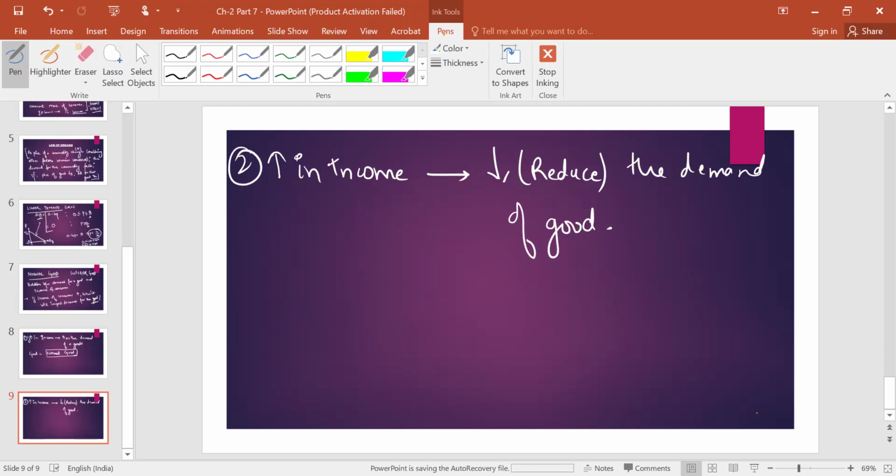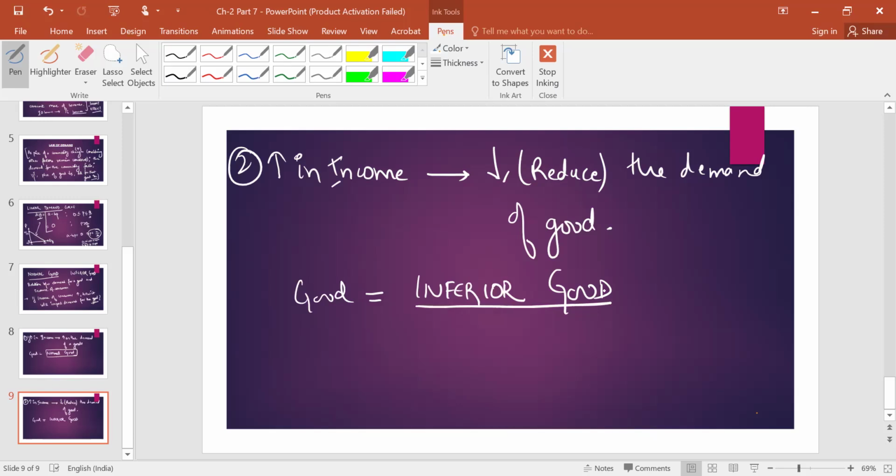The good will be classified as an inferior good. Understood? It reduces the demand of a good. The good is classified as an inferior good.